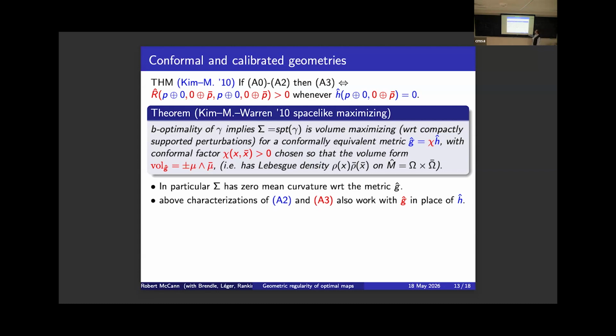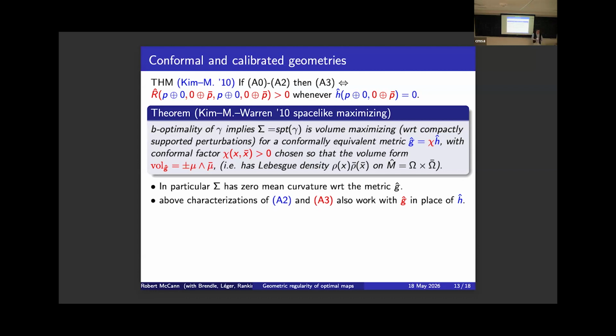And when you make this conformal change of metric, the result is that the graph of the optimal mapping, or the support of the optimal joint measure, becomes volume maximizing in its homology class, for example with respect to compactly supported perturbations. In particular, it has zero mean curvature.